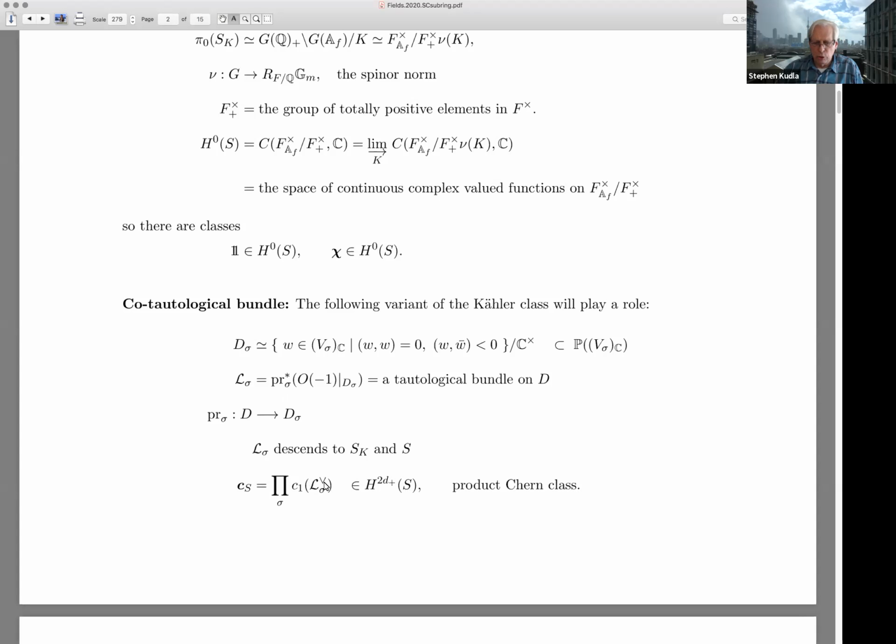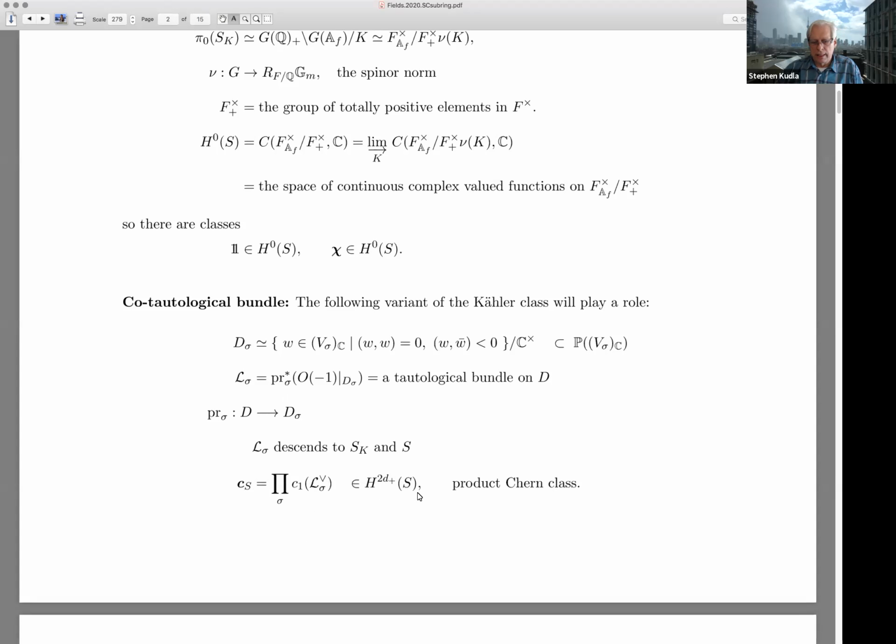And by the way, I've taken the dual here. And I guess the S here just indicates where I'm viewing this, and later on there'll be gammas when I do the same thing on some connected component. So this is a class in H2, and again, these descend independent of K, and so it gives me a class in the limit.